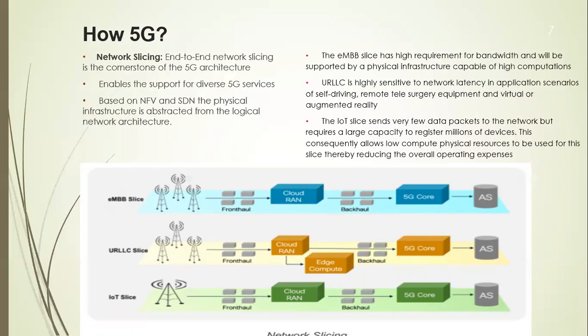So eMBB services basically involve huge amounts of uplink and downlink data, just like our home broadband services. So for them, the need for hardware and software will be different than URLLC services, where latency and reliability matter more.